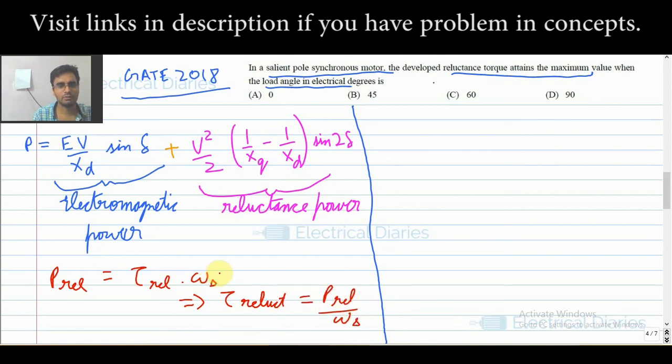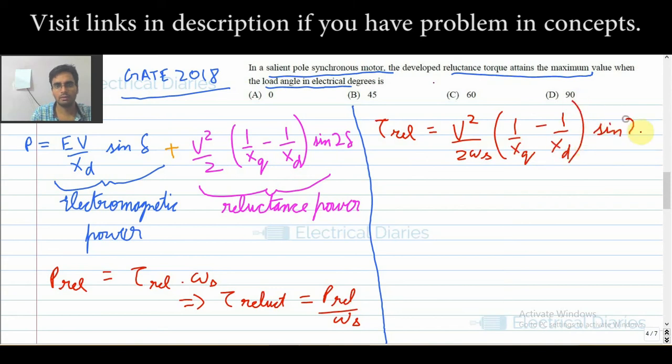Here it is a synchronous motor, so it will be the synchronous speed. From this relation you can write it as V squared by 2 omega s into (1 upon Xq minus 1 upon Xd) sine 2 delta. Here the power angle is 2 delta. The load angle is delta. Load angle and power angle are the same, always remember this.